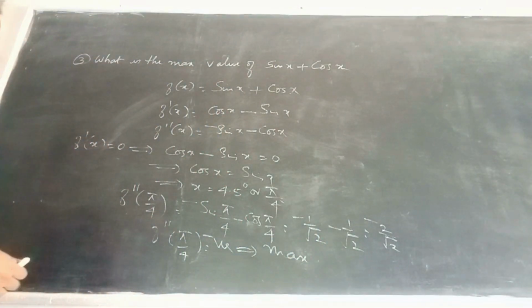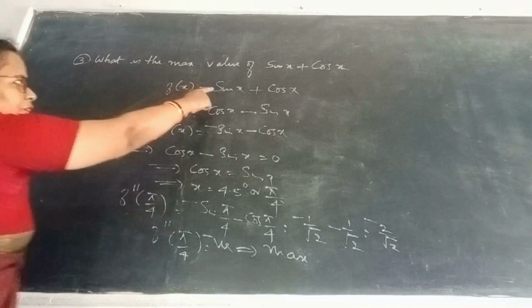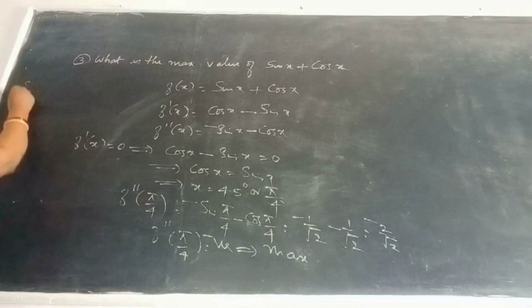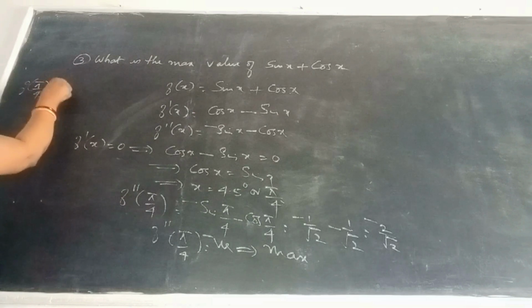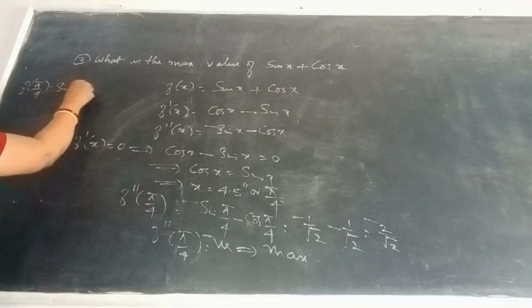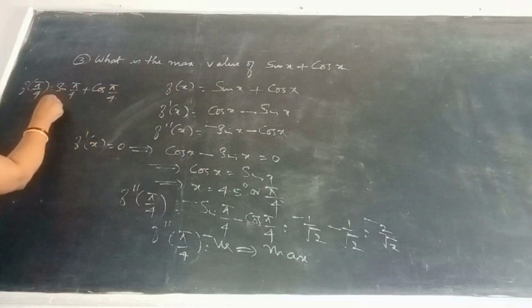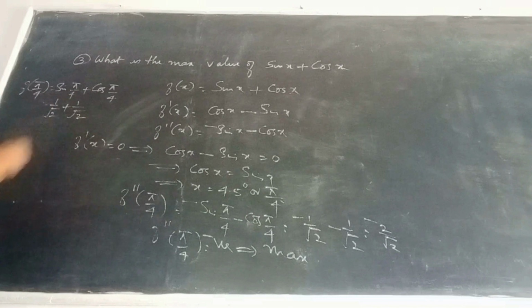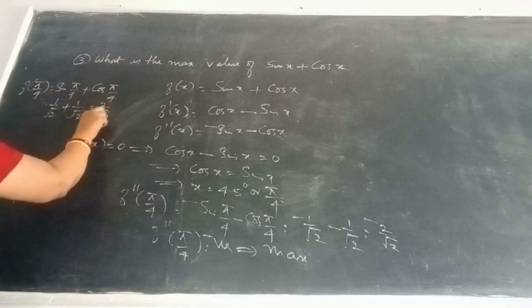Now we have to get the maximum value. What is the maximum value? We will get it when we put x equal to pi by 4 in f of x. Let us substitute. F of pi by 4 is sin pi by 4 plus cos pi by 4. So it is 1 by root 2 plus 1 by root 2. When we add, we get 2 by root 2.